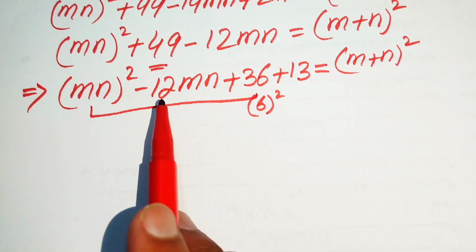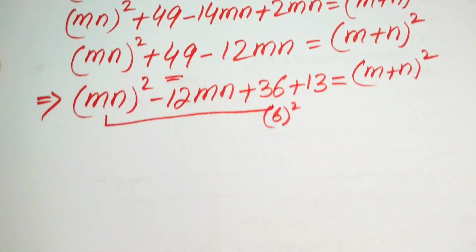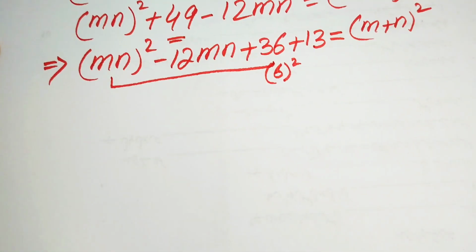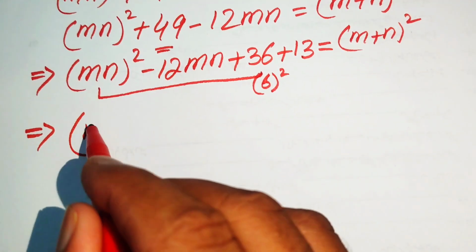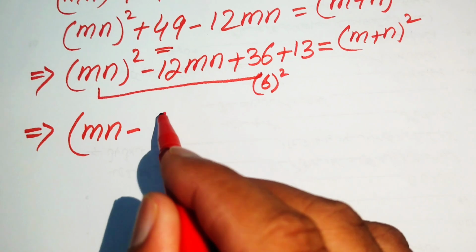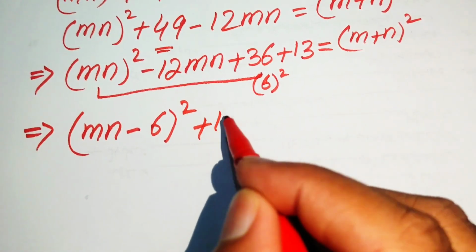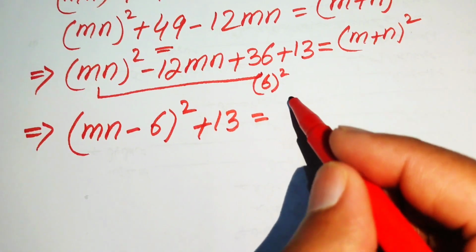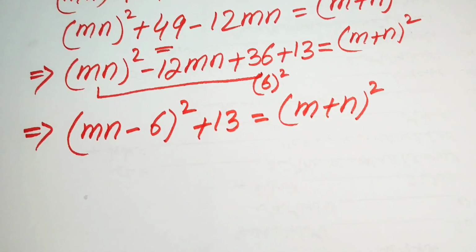Okay, we know that 36 is equals to 6 square, so here you focus on these three terms. When you complete these three terms, it will become the (a minus b) whole square form. So now we can just complete the square of this term, and it will be written as (mn minus 6) whole square, and here you get plus 13 equals to (m plus n) whole square.